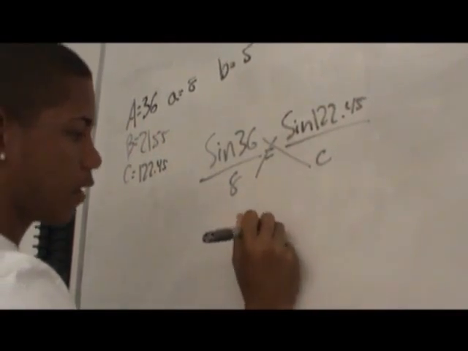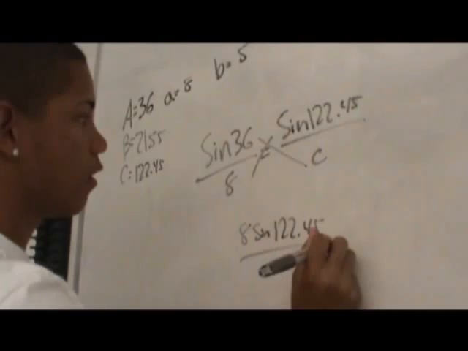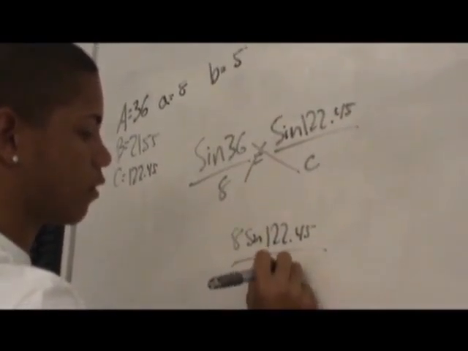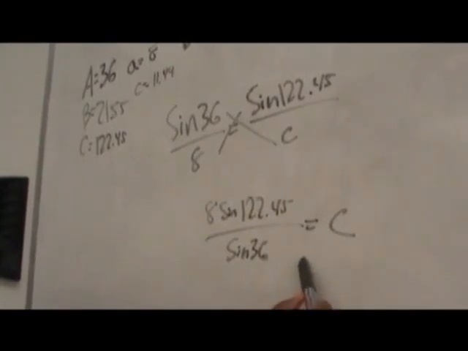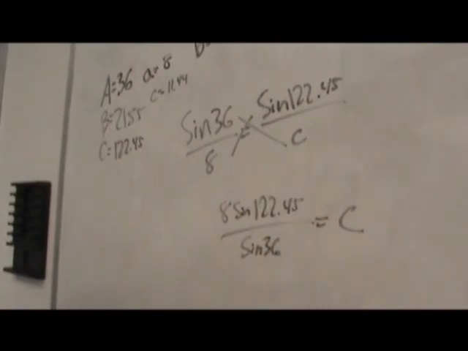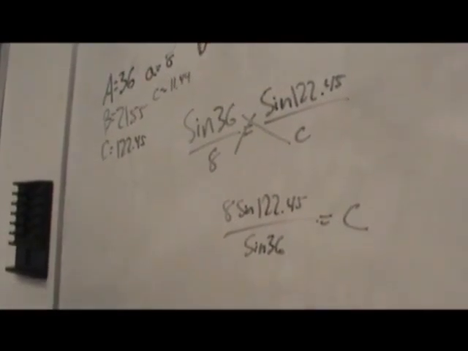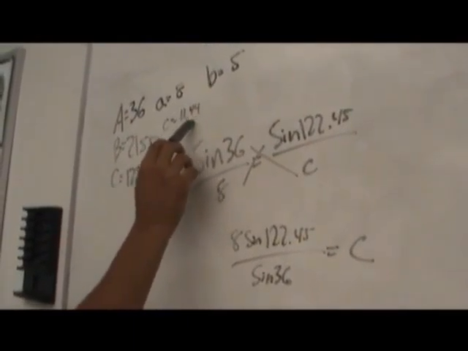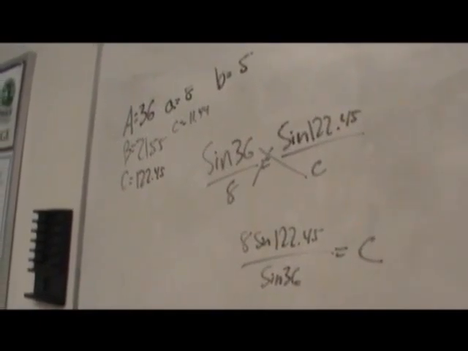So pretty much it's going to look like 8 sine 122.45 divided by sine 36, and that'll equal a little c. Plug this in exactly how it looks: 8 times sine of 122.45, and then divided by sine 36, and then that equals 11.949, and that's all measurements of the triangle.